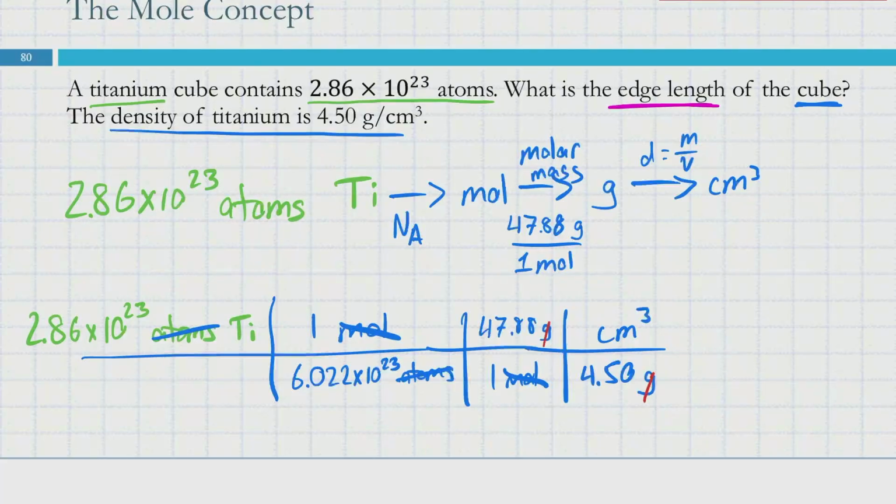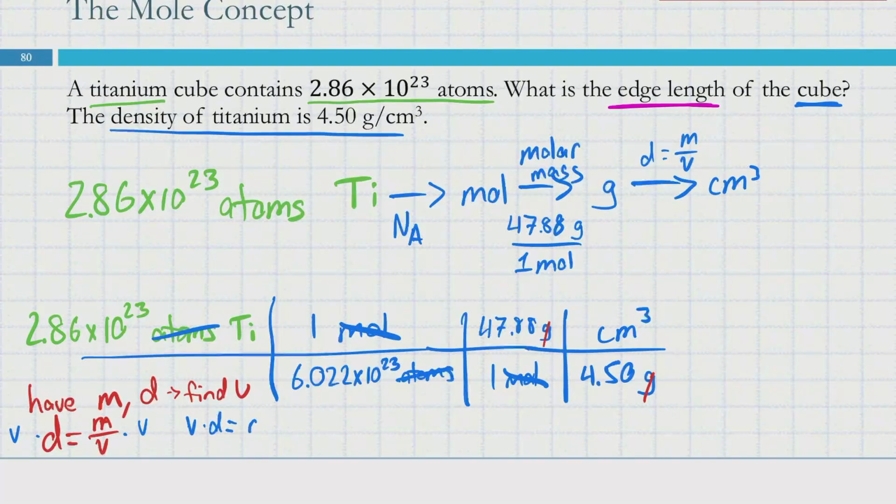We could have also said, okay, we've found mass as an intermediate. How are density and volume related to each other? Or sorry, we're trying to get volume. Have mass and density. We're trying to find volume. Density equals mass over volume. Times both sides by volume.